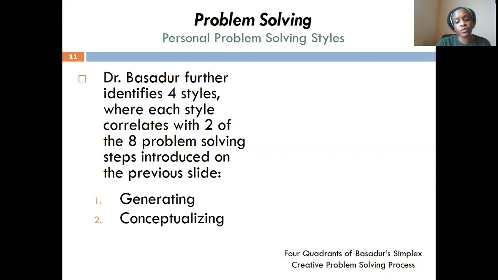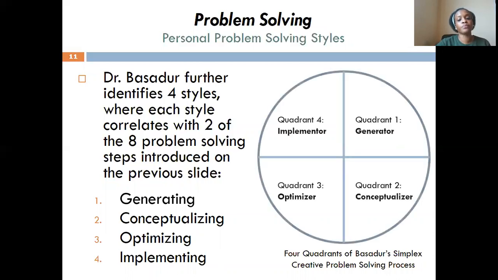In the second quadrant, there's a lot of conceptualizing going on. In the third quadrant, there's a lot of optimizing going on. And in the fourth quadrant, there's a lot of implementing going on. This is the brain model that Dr. Basadu created. And so in quadrant 1, we have generators. Generators, as the name would imply, are those people that can come up with a million ideas.